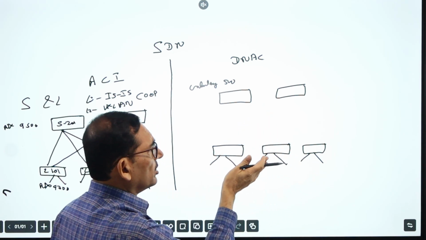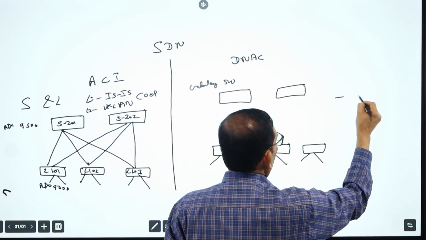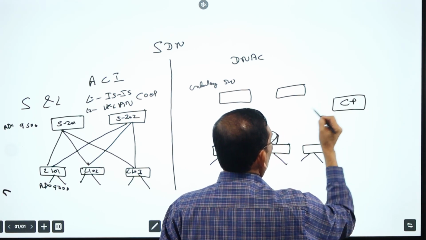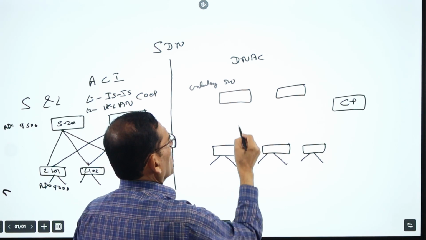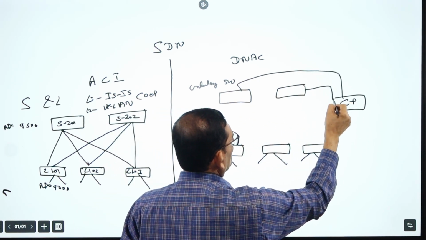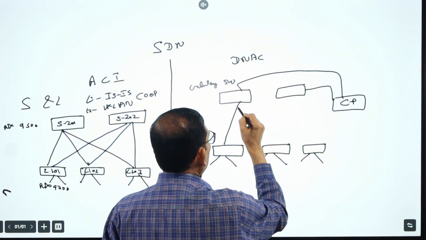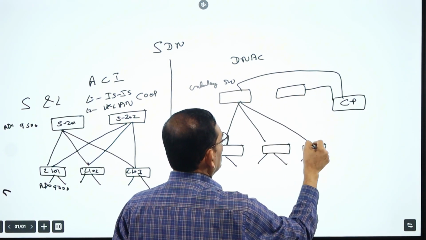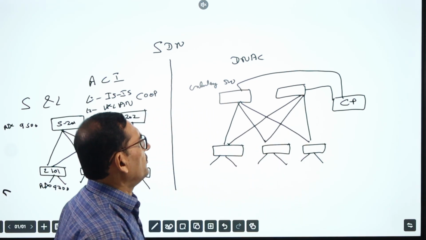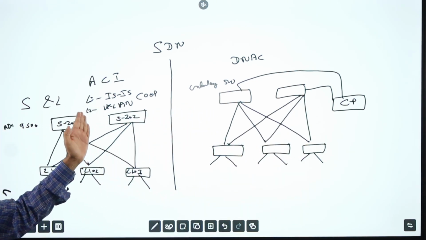And now how can they recognize each other? We have one device that is called the control plane device. Now, these underlay switches are connected here, and underlay switches for redundancy purposes are connected here. Now you can ask what is the difference between spine and leaf, the DNAC and ACI.